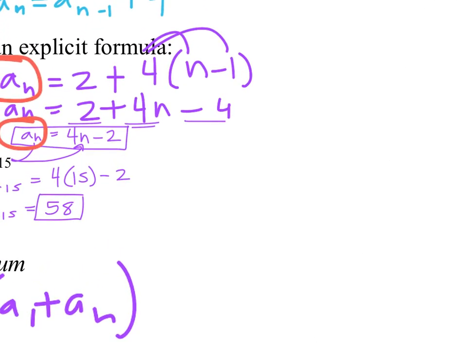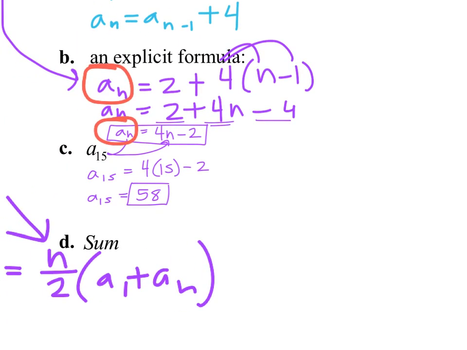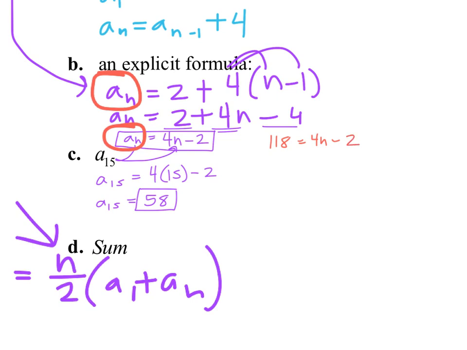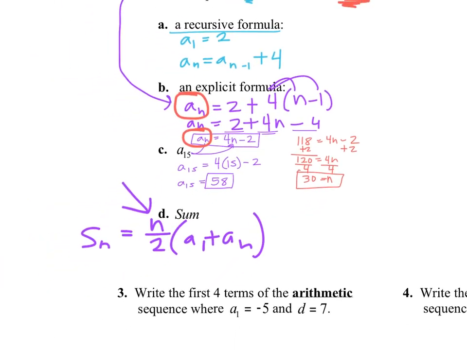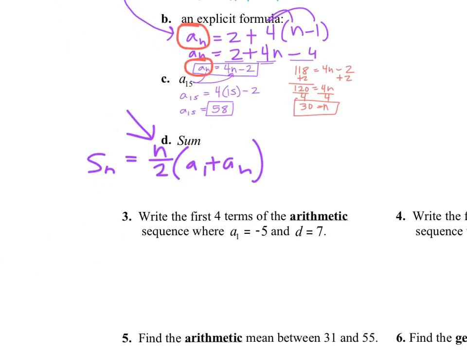So I'm going to plug in 118 equals 4n minus 2 and solve that. So add 2, and 120 equals 4n, and divide by 4. So n is 30. That means there are 30 terms in this sequence. So then you come down here, and that 30 is going to go right here.